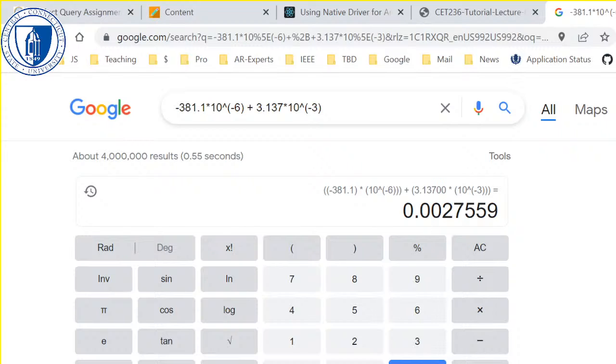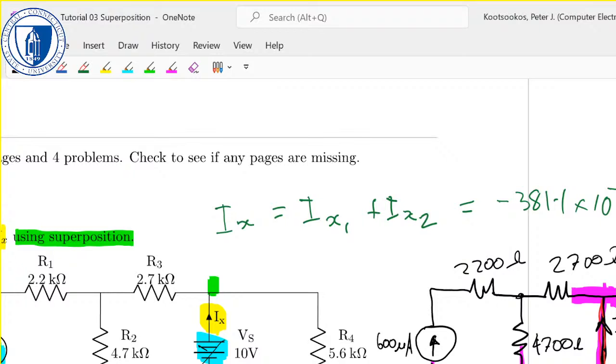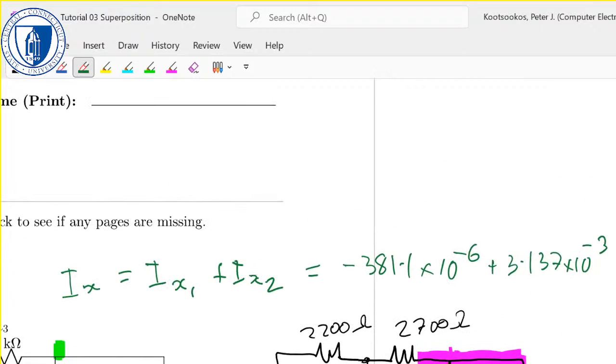So it's 2.756, and you can either write it down as 2.756 by 10 to the minus 3 amps or 2.756 milliamps. Everybody okay with that?